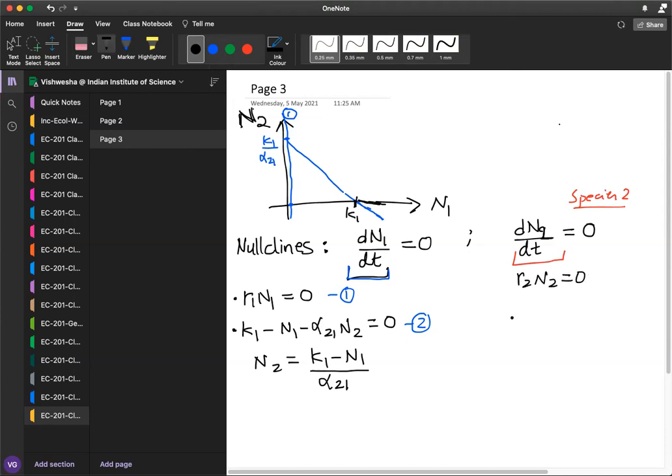That's equation 1. And then exactly the converse of this. Again, let's write this in the form of K2 minus alpha 1, 2, N1. These are the two null lines for species 2.